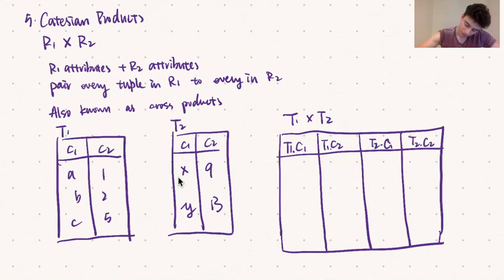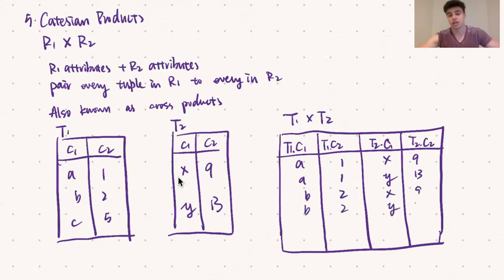So once we have our new schema set up, this is the new look of our table here, we now just have to fill it in, and we're going to fill it in exactly as I said. We're just going to take every single tuple of T1 and pair it with every single tuple of T2. We're not going to do all of them here because it's pretty long, but you get the idea, presumably. So that concludes the cross join or the cross product.